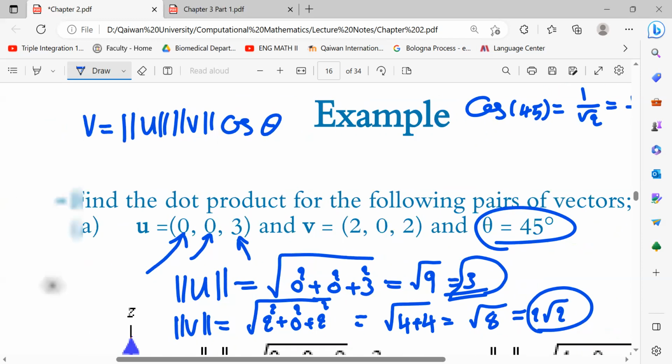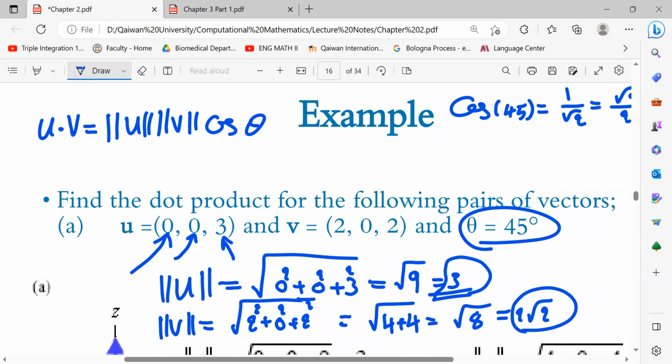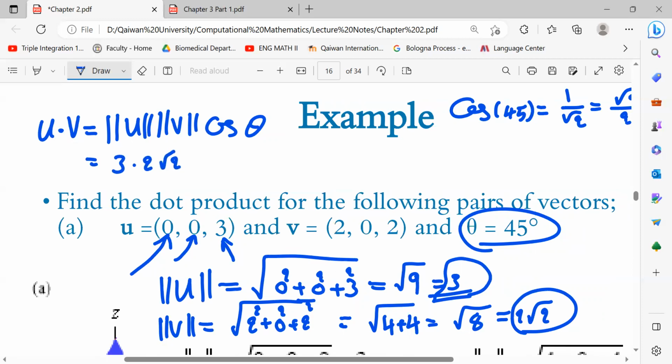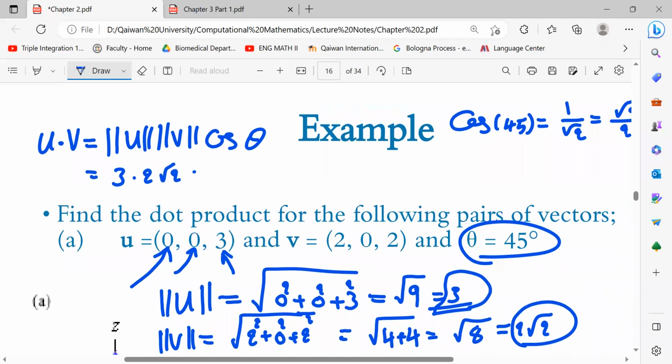Now, we just plug norm u, norm v, and cosine theta here. What's norm u? It is 3 times norm v, which is 2 square root of 2, times cosine theta, which is 1 over square root of 2.